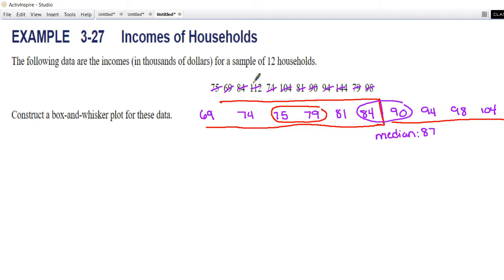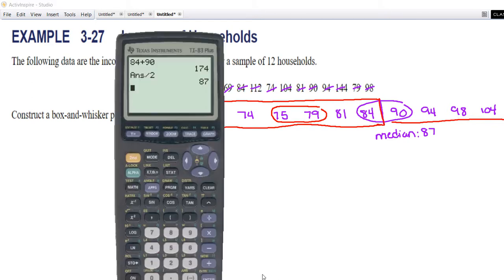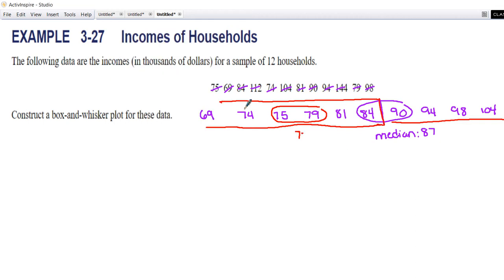I go to my calculator, I do 75 plus 79, and then I divide by 2. So there I get 77. That is going to be quartile 1.